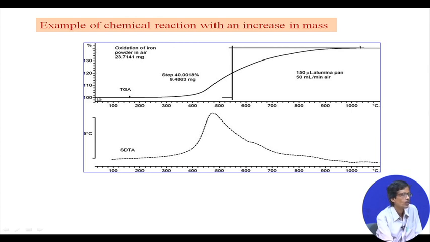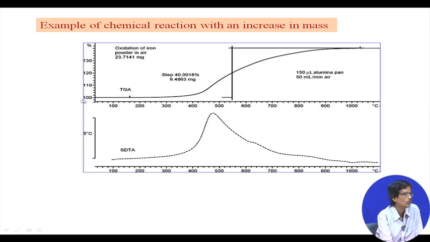So, 100% was your iron powder, and by taking its corresponding oxygen, it is converted to your oxide. So, iron oxide is formed, which is more than that, that means the weight gain is up to 40%. So, considering this point which is above 1000 degree temperature, about 1040 or 50 degrees centigrade, we see that the gain is about 40%.